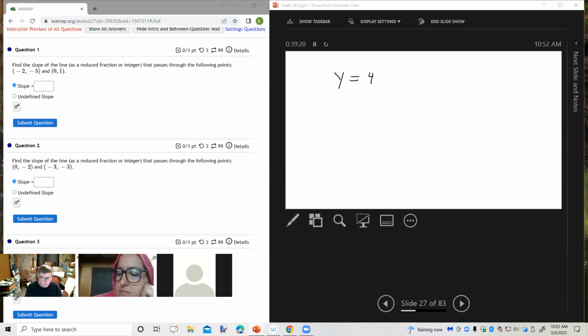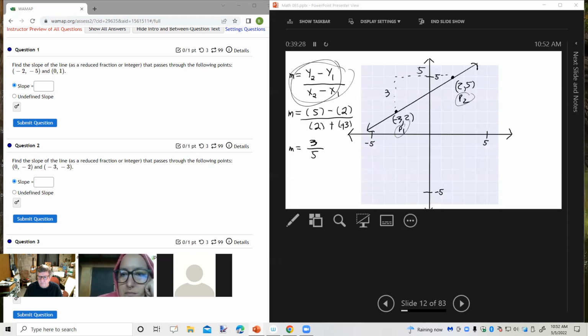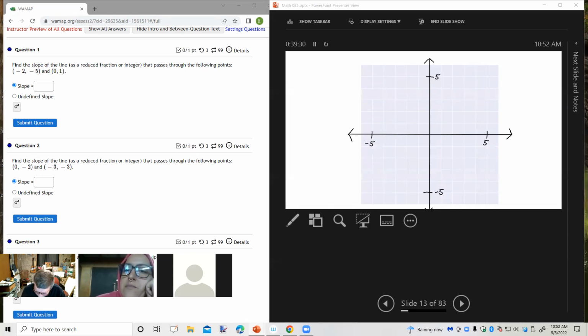If we graph y equals 4, that means that no matter what x is, y is 4. If x is 0, y is 4. If x is 1, y is 4. If x is 2, y is 4. If x is 3, y is 4. If x is 4, y is 4.